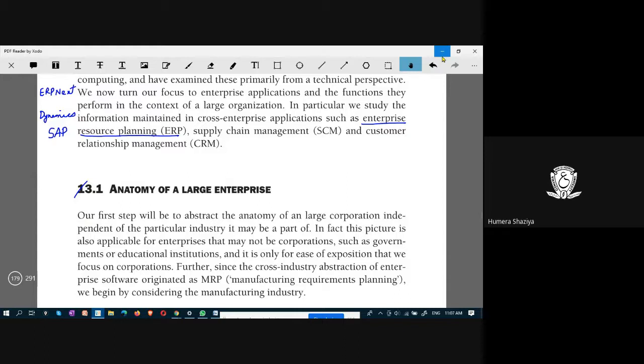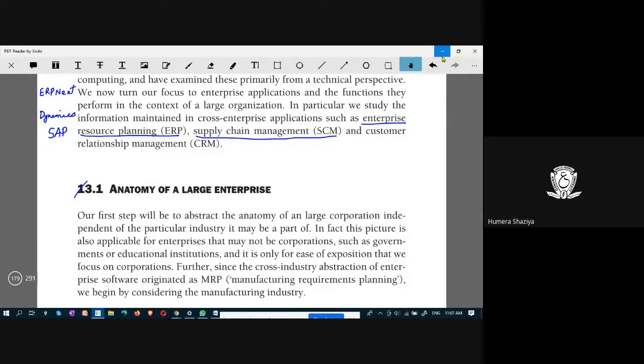SCM. SCM stands for Supply Chain Management. Have you wondered any time how the food items or any other product reaches you?